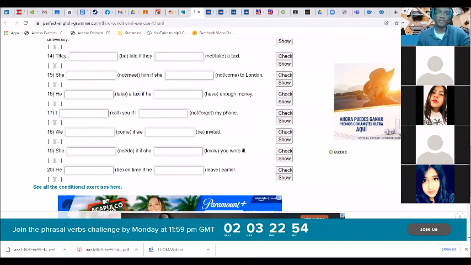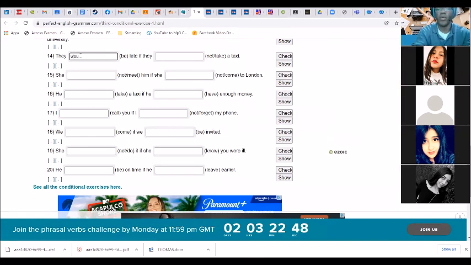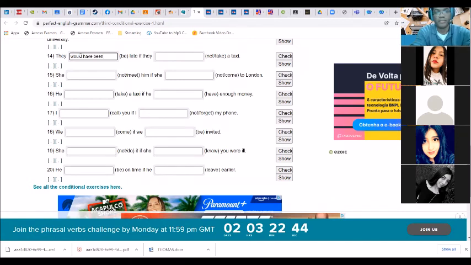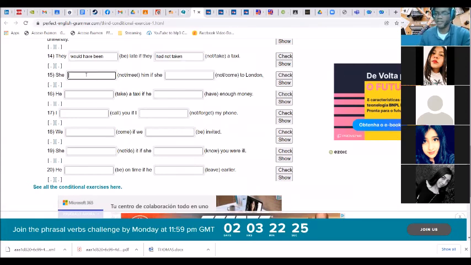Fabiola, number 14. They would have been late if they had not taken a taxi. No problem. Areli, number 15.